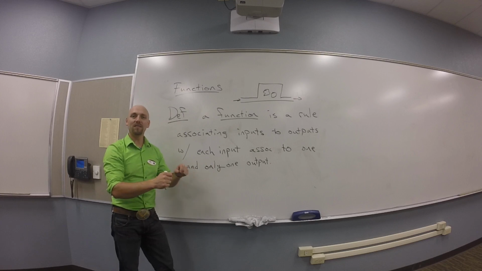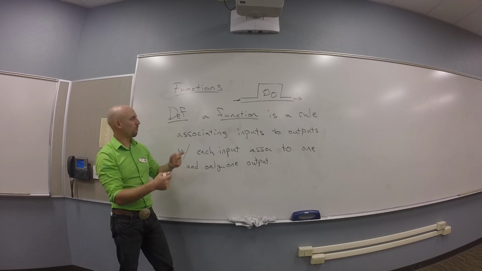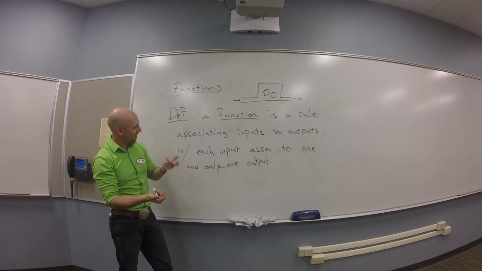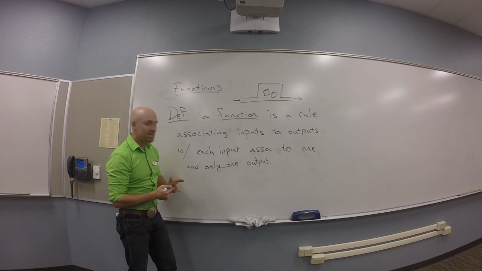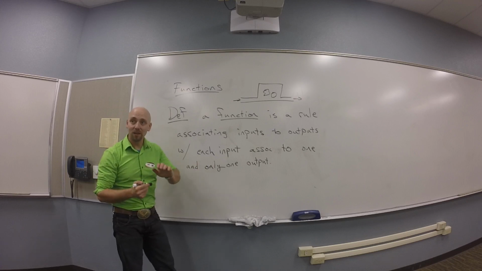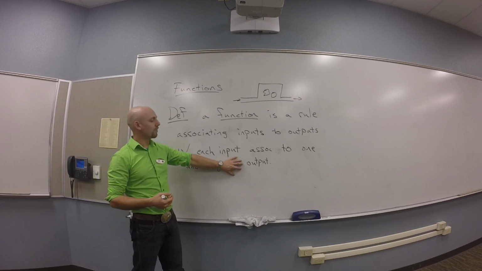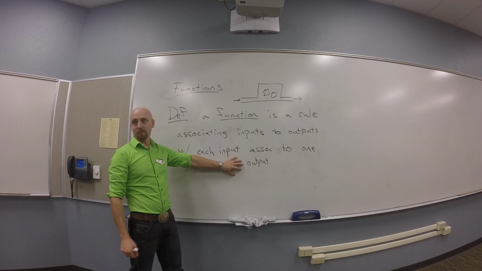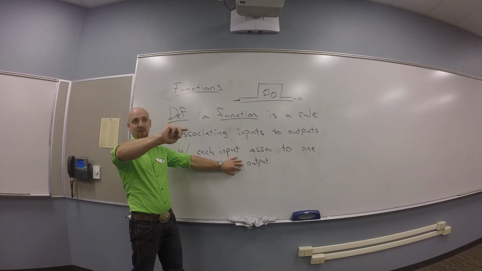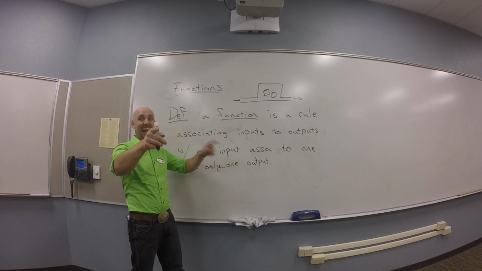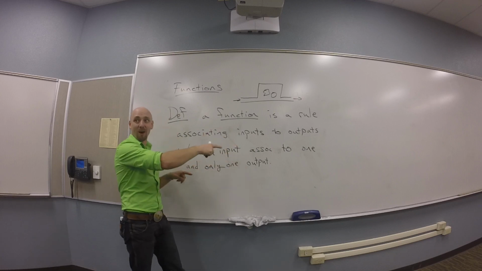So let's decompose this into its two pieces. Let's just say each input's associated to one output. What does that mean? It means that anytime you put an input in, no matter how many times or when you put it in, you always get the same output. Yeah, that's a really good explanation of the one and only one.